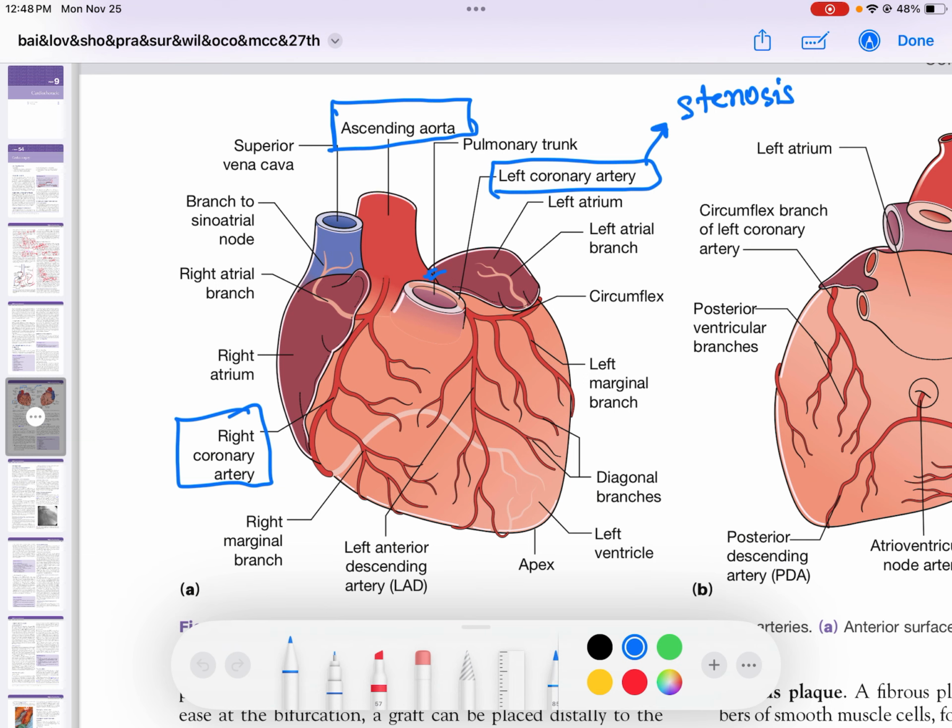The artery is inaccessible at its origin, and therefore grafts are anastomosed to its branches: the left anterior descending artery, also called the anterior interventricular artery, and the obtuse marginal branches of the circumflex artery.